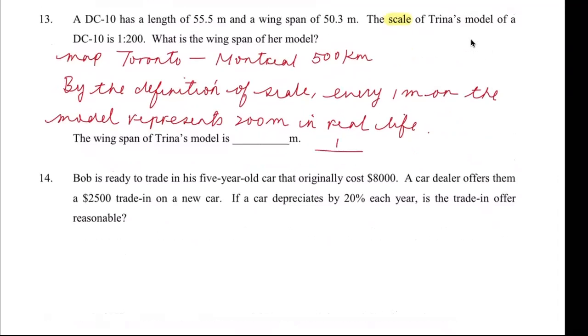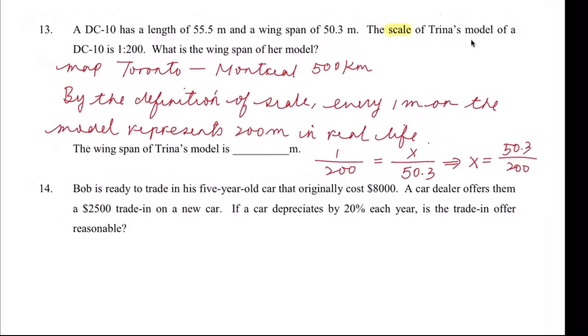So 1 to 200 is equal to x, that's the number we're looking for, over 50.3. X is equal to 50.3 over 200, which is, let me find it, 0.2515.